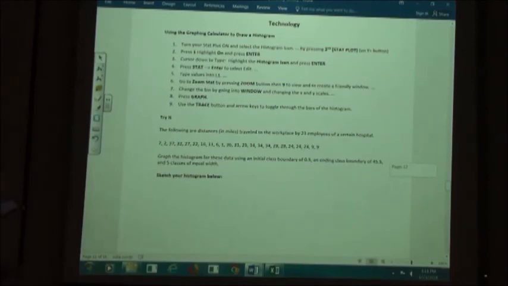So again, if you have things in there, clear them out and type in your numbers. 7, enter, 2, enter.